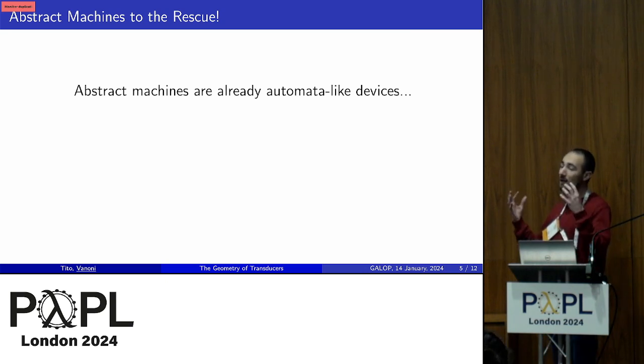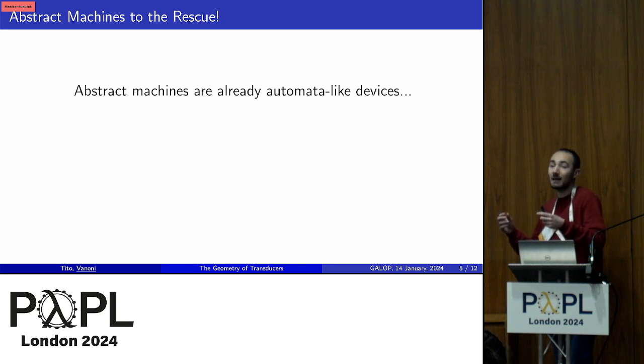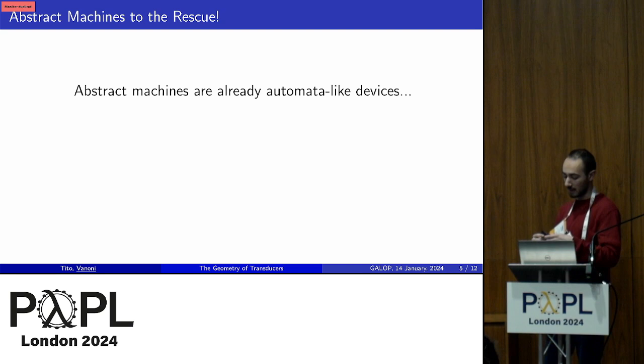But still, we can think about maybe some restrictions of these abstract machines that are already automata, and in particular are already the kind of automata that we want to prove equivalent to some lambda calculi.